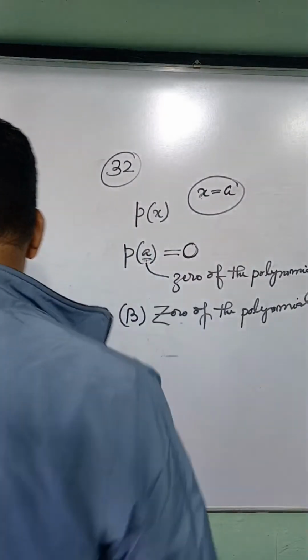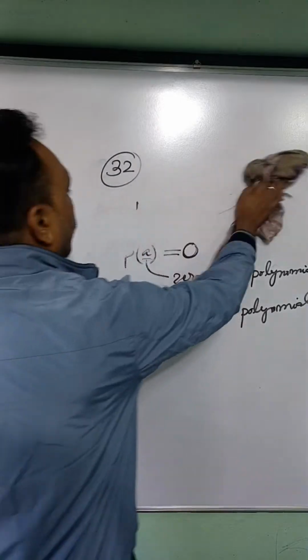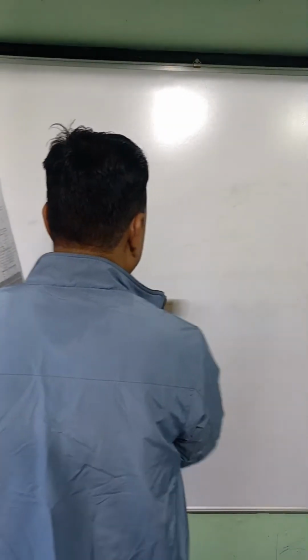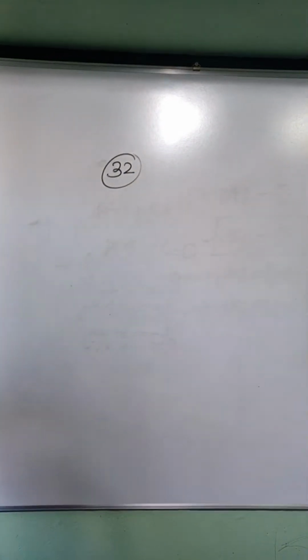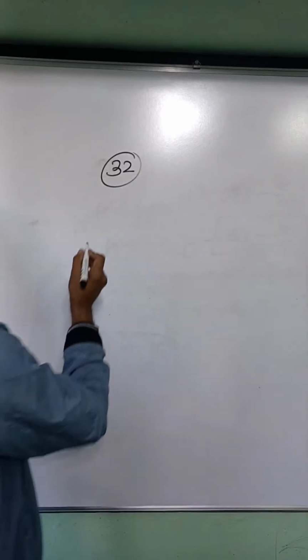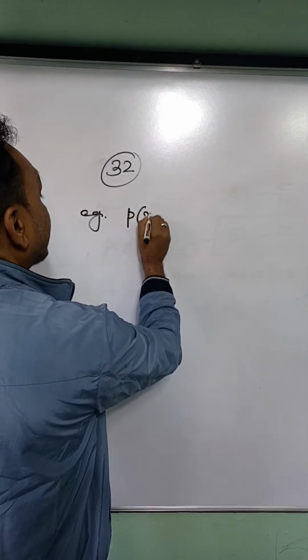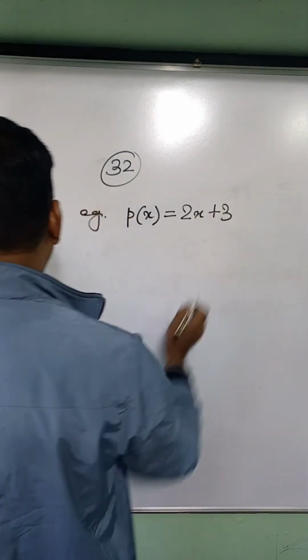Suppose, for example, I'll show you one more example based on question number 32. Let us consider p(x) equal to 2x plus 3. This is also a linear polynomial.